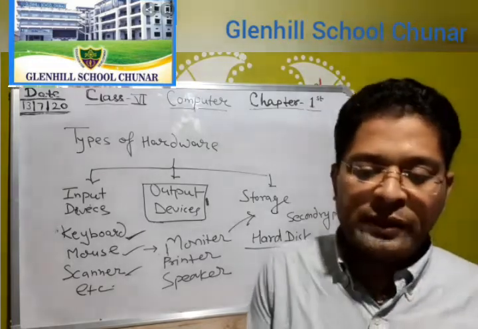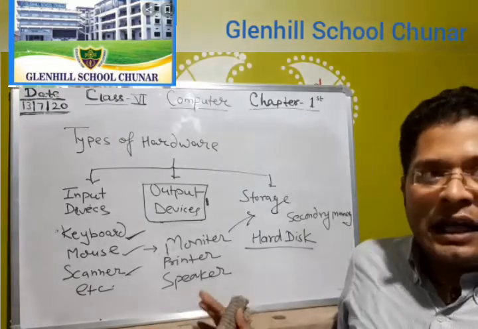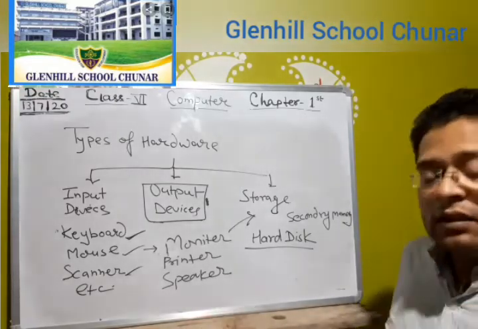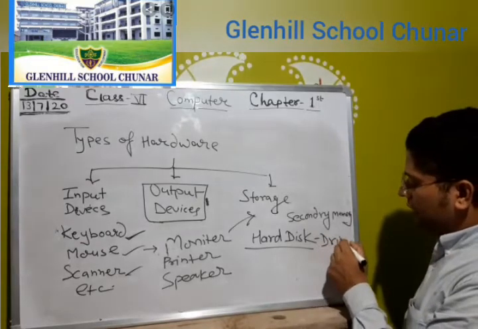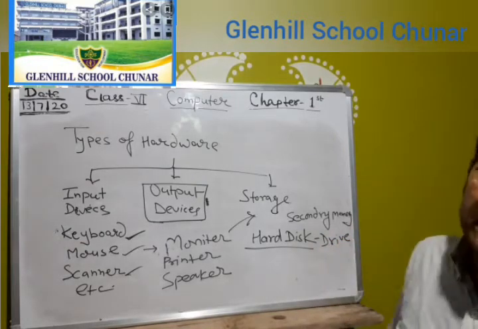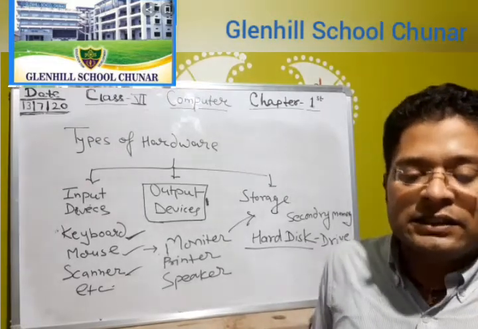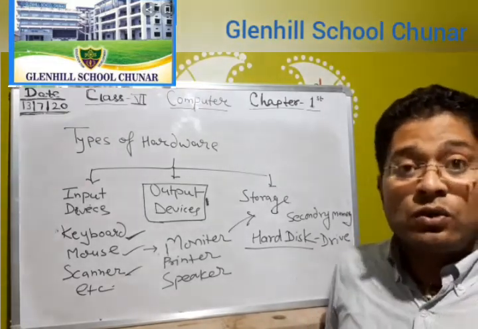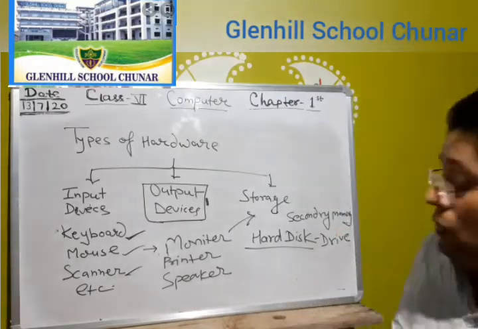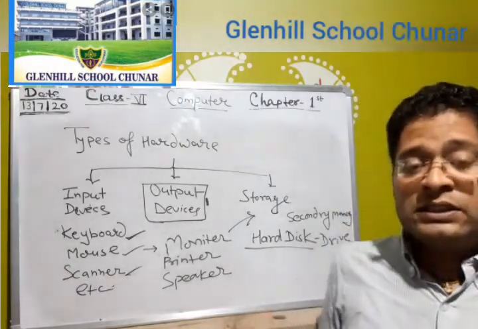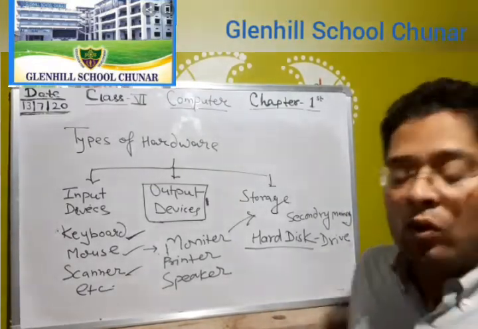The hard disk, also called hard disk drive, is the most important storage device used to store bulk data. You know what the size is? 160 GB to 2 terabytes and more.